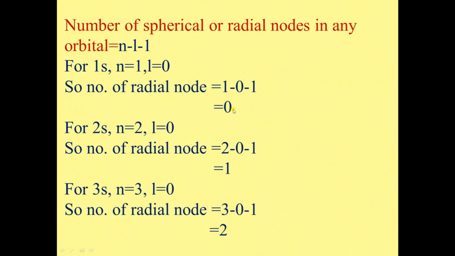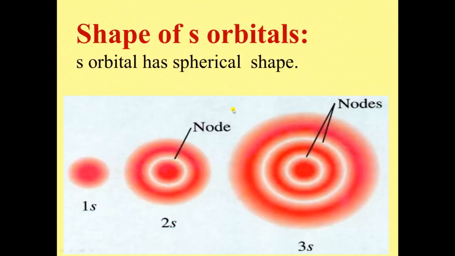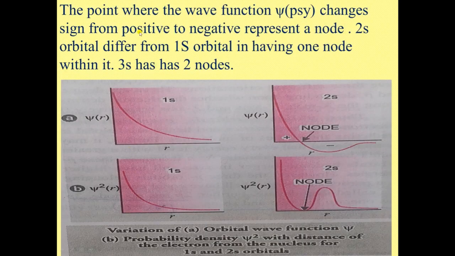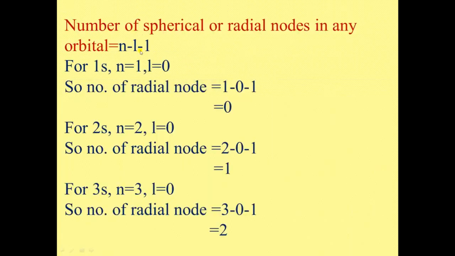That means in the 1s orbital no node is present, but in 2s one node is present. Using the formula n minus l minus 1, you put the values 2 minus 0 minus 1 for the 2s orbital and it is equal to 1. So one node is present in the 2s orbital. In 3s two nodes are present.